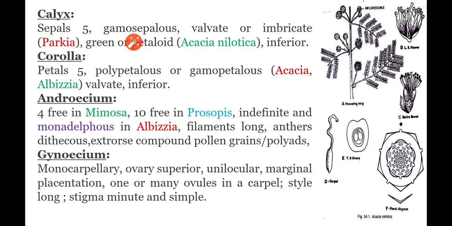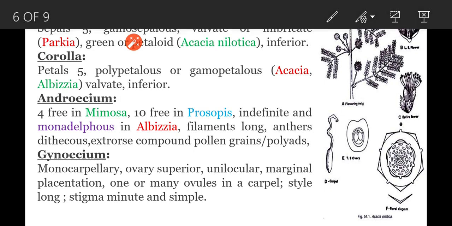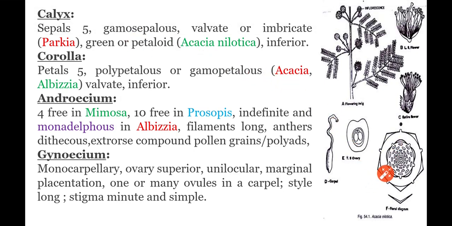Sepals are gamosepalous. You can also observe these sepals in the floral diagram. They are fused, gamosepalous. Valvate or imbricate estivation. Here it is shown that this is valvate estivation. The margins are not overlapping one another. Such estivation is called valvate estivation. Imbricate estivation is seen in Parkia.